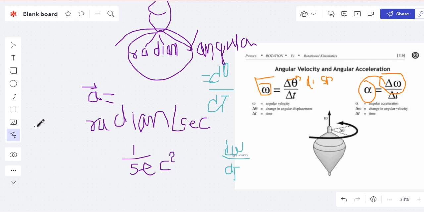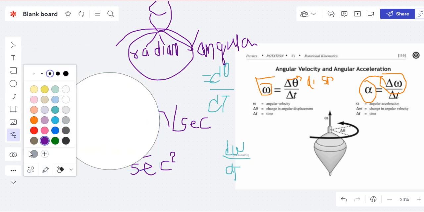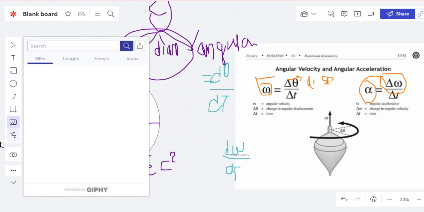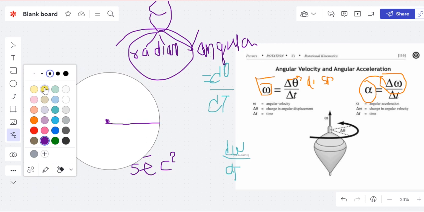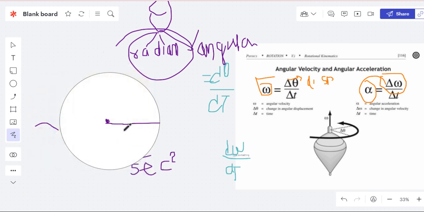Since I told you that this is basically a circular path, let's go for a while. This is the center of the circular path.